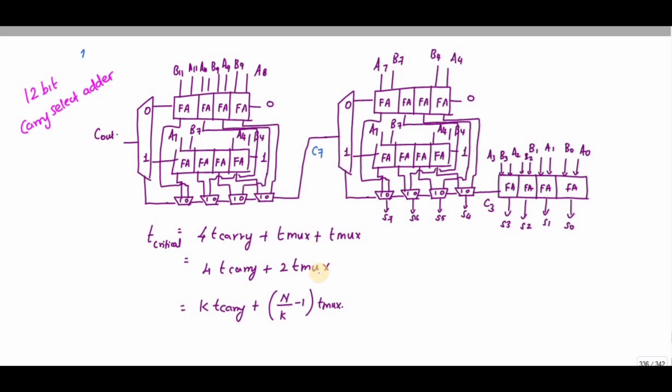So I can write T critical is equal to 4T carry plus 2T mux. That is equal to K T carry, where K represents the number of inputs for the first block, that is this one. Here K represents 4 and N represents 12 bits. So 12 divided by 4 minus 1 is 2 T mux. So this is the formula.